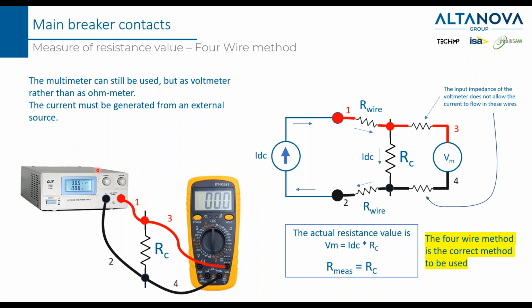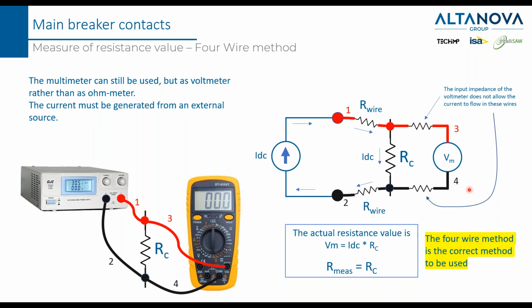Since the number of devices now is 2, the number of wires becomes 4, and you can see cable number 1, cable number 2, cable 3, and cable 4. With this indication, we can also see in the scheme that this is cable number 1, cable number 2, cable number 3, and cable number 4.